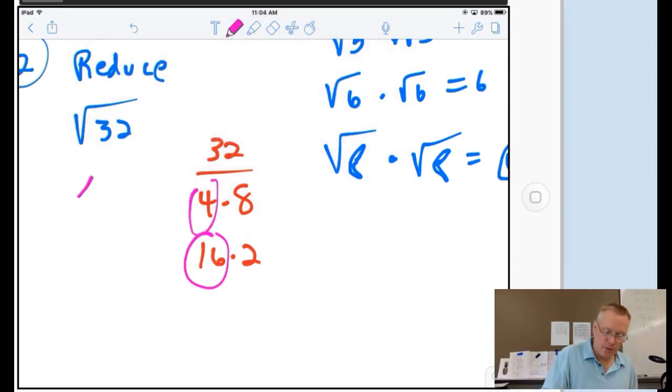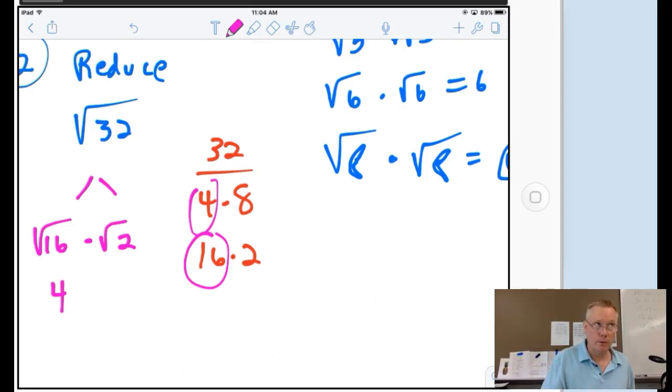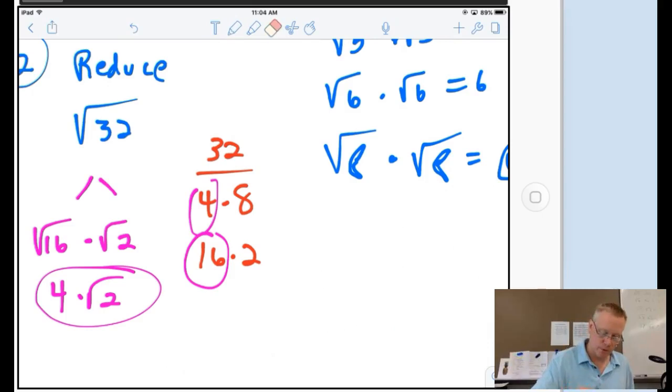So I'm going to use that one. I usually go straight to this point where I just put the square root of 16 times the square root of 2. I skipped that middle step I showed you the last time. And then I take the square root of 16, which is regular 4. Not the square root of 4, regular 4. 4 square roots of 2. You can say it that way. 4 times the square root of 2 or 4 square roots of 2. Sometimes you might even hear me say 4 root 2. That also means the same thing, okay?